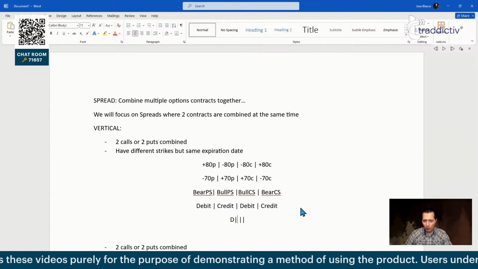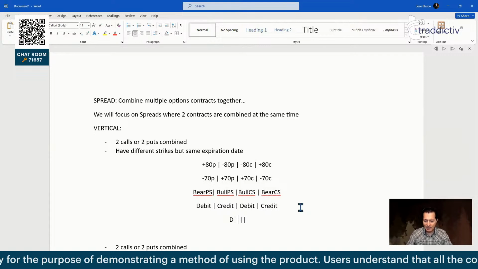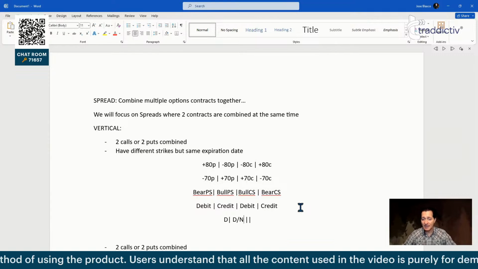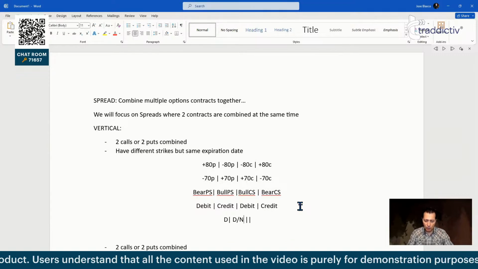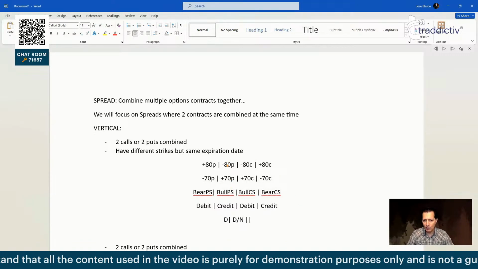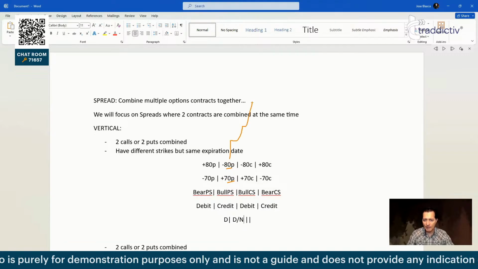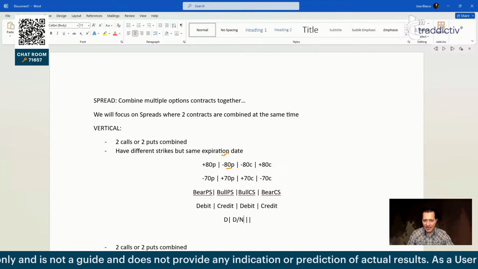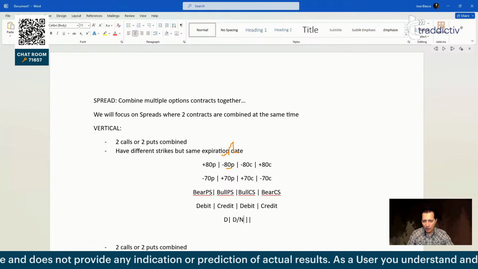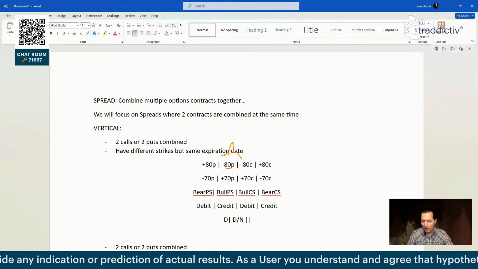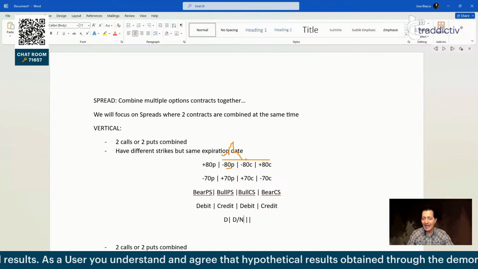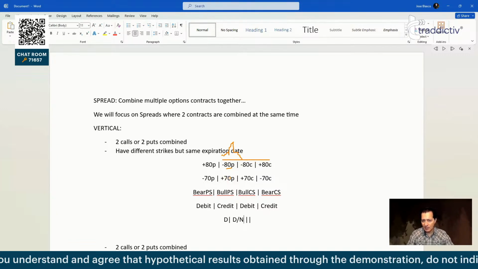Doing a bull put spread, it's directional, but neutral too, because it's a credit strategy. So when I do a bull put spread where I sell the 80 and I buy the 70, of course, if the stock goes up, I make money. But as long as the stock stays the same, or maybe goes a little higher, or maybe goes lower but doesn't go below 80, as long as the stock on expiration is at 80 or above, this strategy profits too.